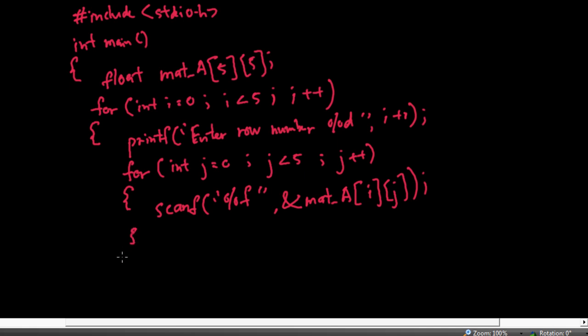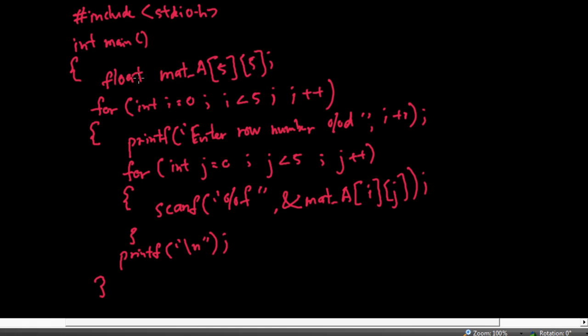Close the curly brace. Then printf("\n"), close the huge curly brace. Then okay, I'll explain what this does.